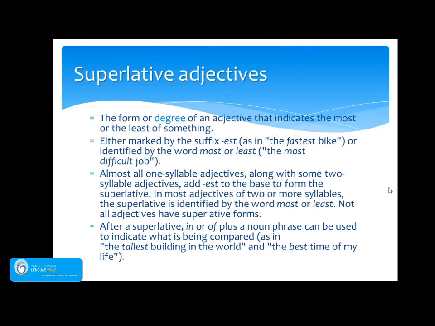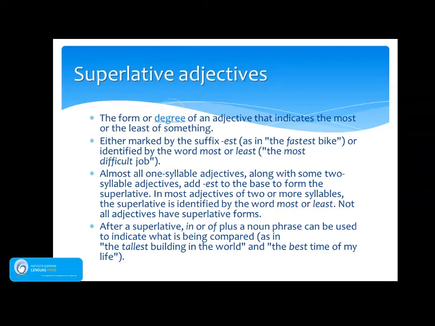Now, with superlative adjectives, this is the form of an adjective which indicates the most or the least of something. We add the suffix -est for one-syllable adjectives, and when there are three or more syllables, we add most or least.